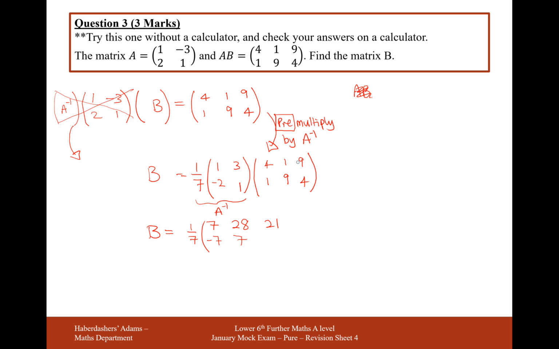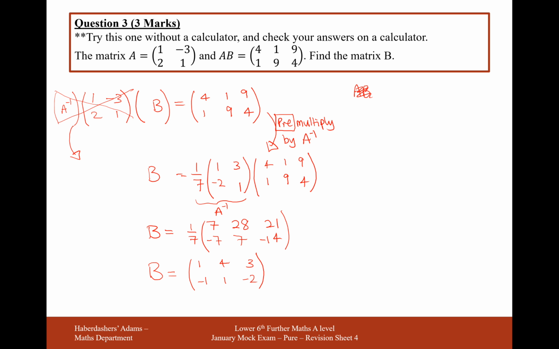And minus 2 times 9 is minus 18, add 4 and you get minus 14. Great, that's all worked out nicely for multiples of 7, so I can divide each of these values by 7, incorporating the 1 over 7 at the front, so you get (1 4 3; -1 1 -2). Perfect, that's the answer to your question.